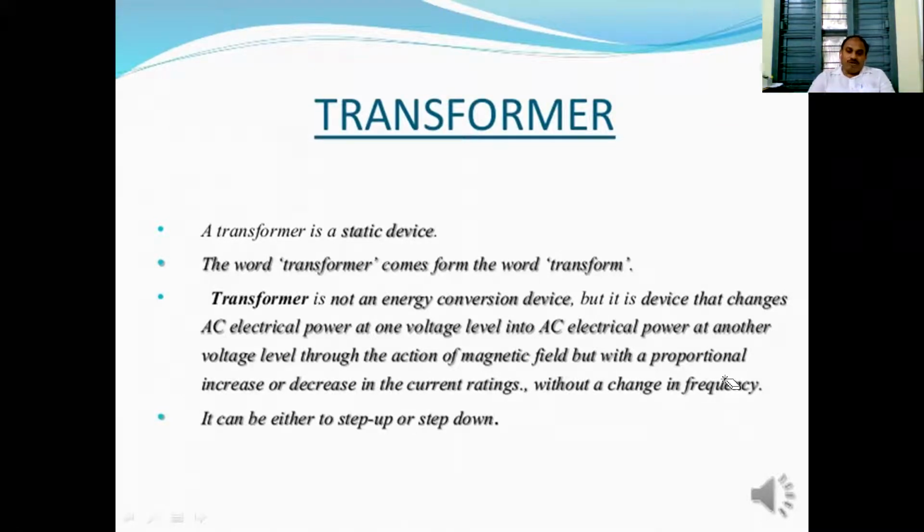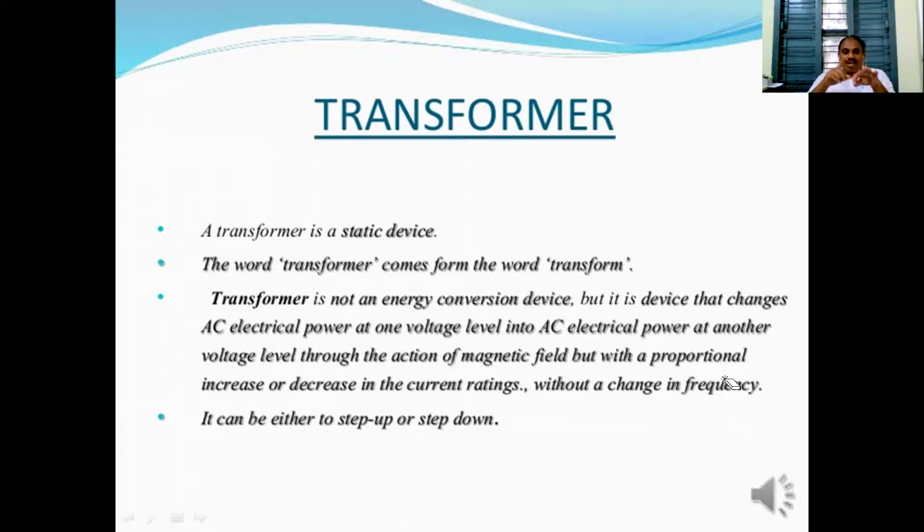If you neglect the losses, a transformer is a constant power device. A transformer is a constant frequency device, because both primary and secondary have the same frequency. Flux is common for both primary winding and secondary winding, because primary and secondary link with the same magnetic flux. Therefore, a transformer is also called a constant flux device.